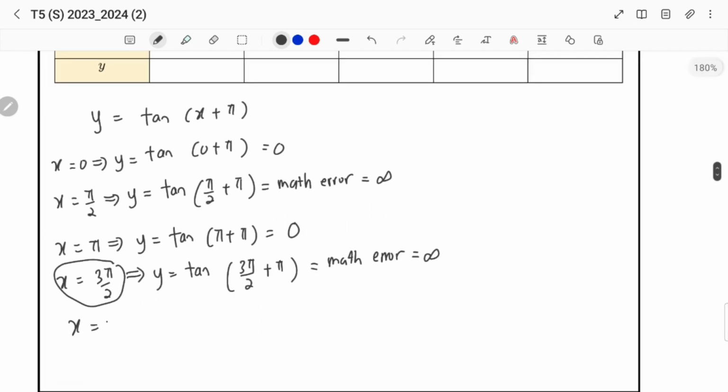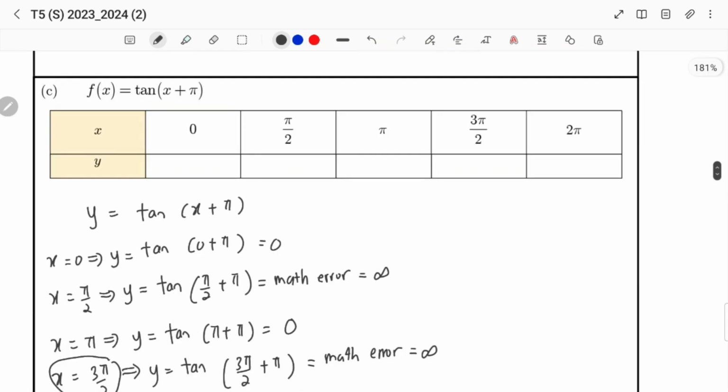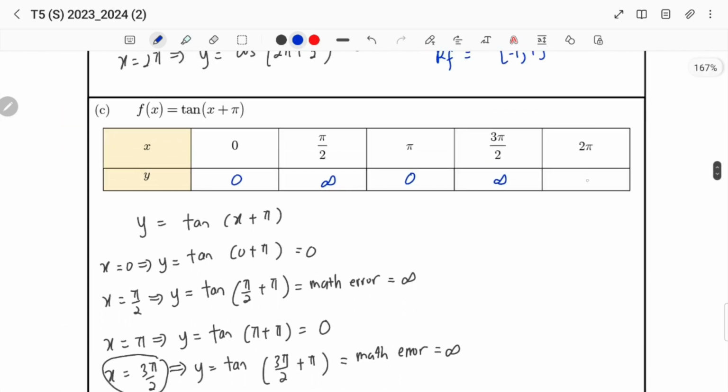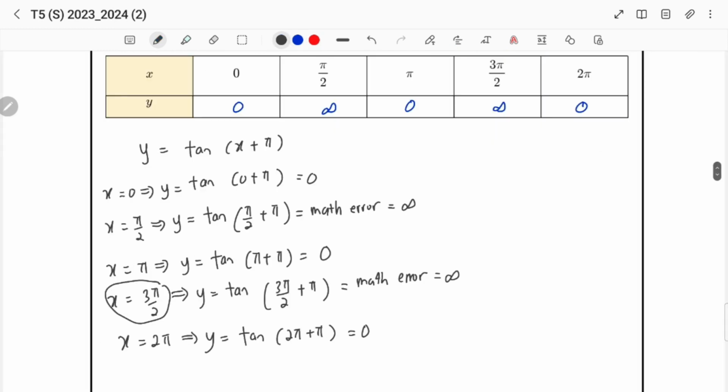And the last one, x equals 2π, y equals tan(2π + π), which is 0. So write down all the values of y: 0, infinity, which is the asymptote, and then 0, another infinity, another asymptote, and then 0. Next, draw the y-axis, x-axis, write down all the values of x.